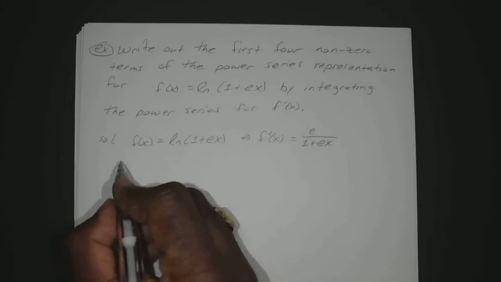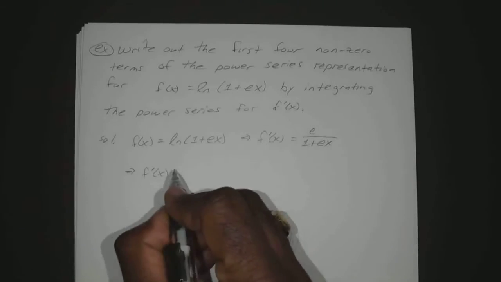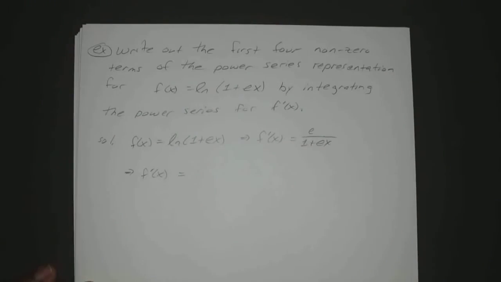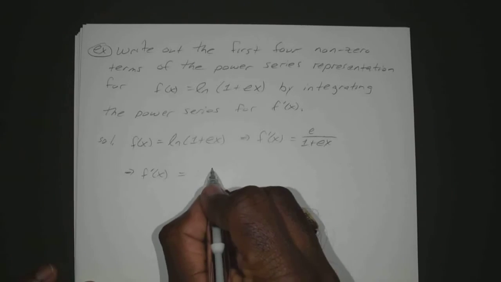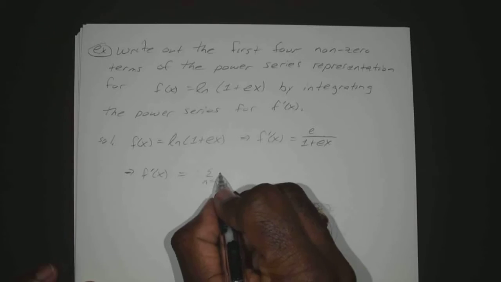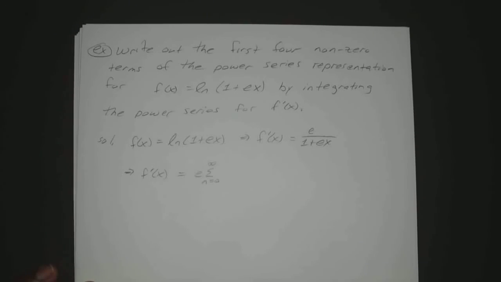Okay, so we know that f prime of x is equal to the sum from n equals 0 to infinity. We're going to bring that e out to the front.